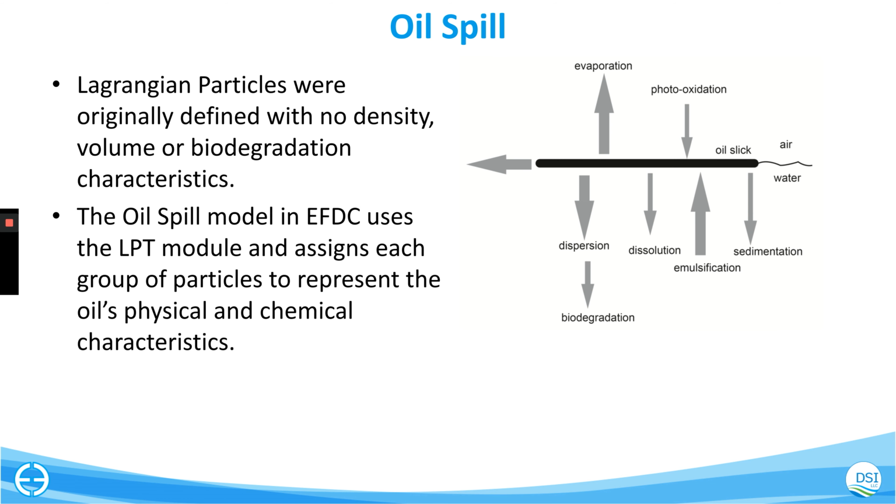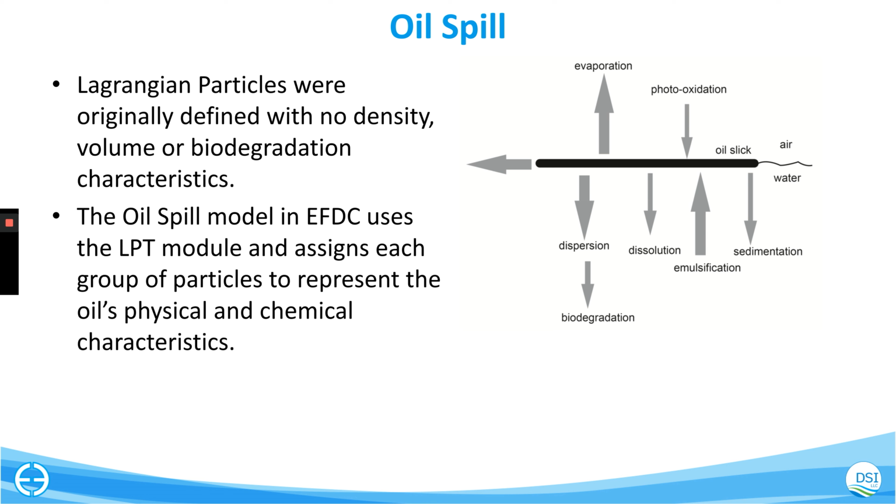Lagrangian particles in the EFDC model also have the ability to mimic the behavior of oil spills. We can add density to them. We can add different kinds of volume characteristics or biodegradation characteristics.